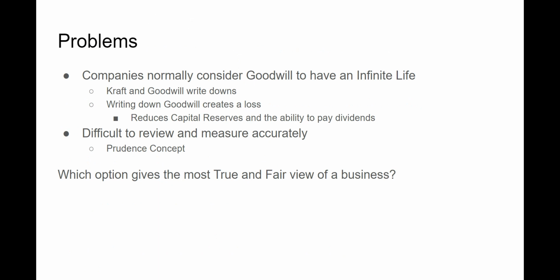So how well companies actually review their intangible assets is very, very questionable, and it could be argued that they are not reviewing them so as not to reduce profits. But that will have a long-term impact on the business.